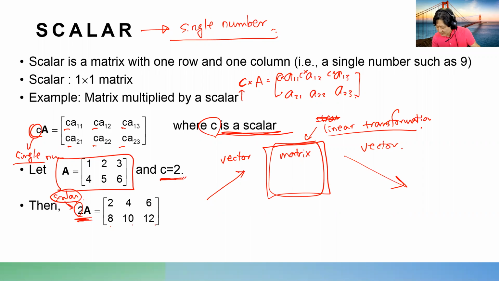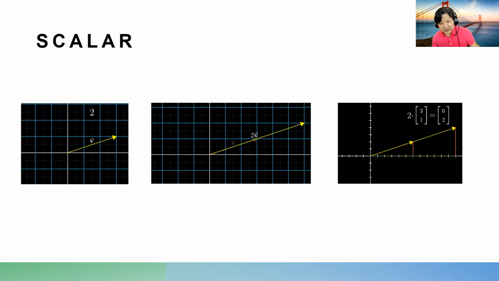Okay. So vector scale looks like this. Okay, what is this? This is a 3, 1 vector, right? 1, 2, 3, and 1, right? So this vector is 3, 1 vector, right?